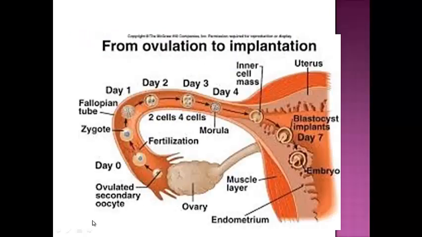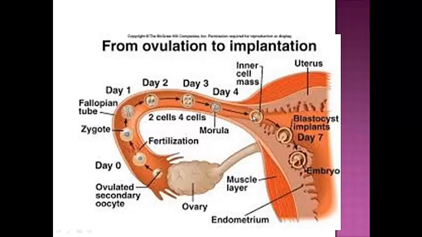Okay? So, with this diagram again, you've just got all the different stages we've been talking about since the beginning of the lecture, up until the point of implantation. So this is when the ovulation happened and the fertilization took place here, and then the cellular division started at this point, the cleavage. It's a morula here, so that means it has 16 cells.